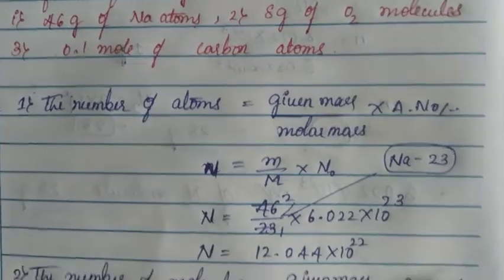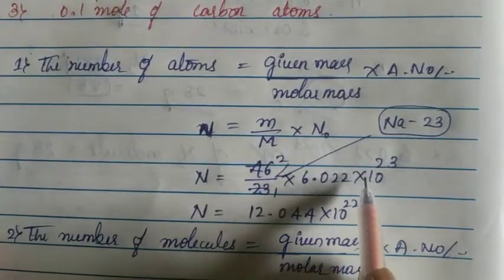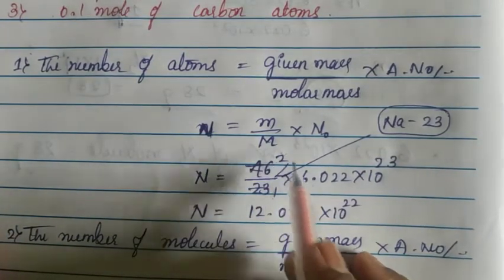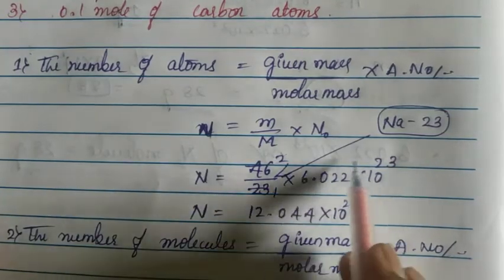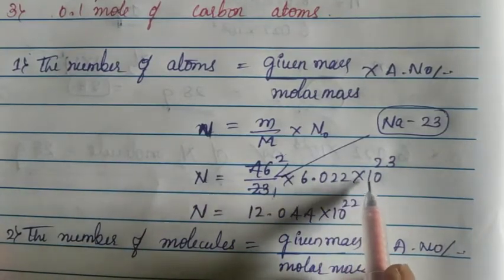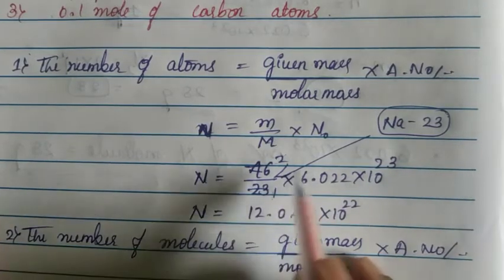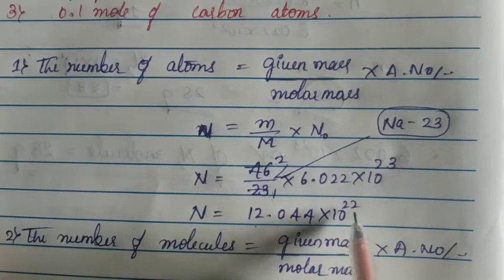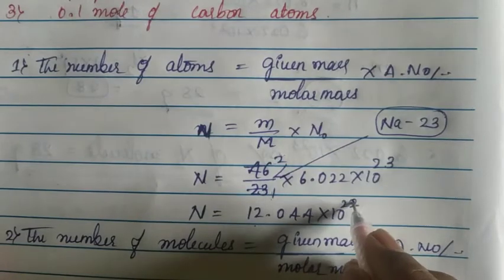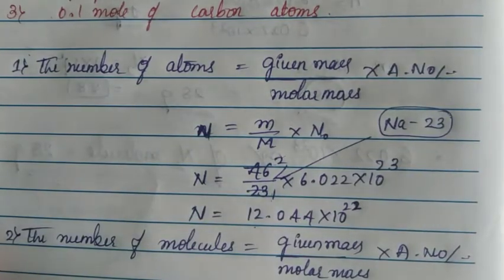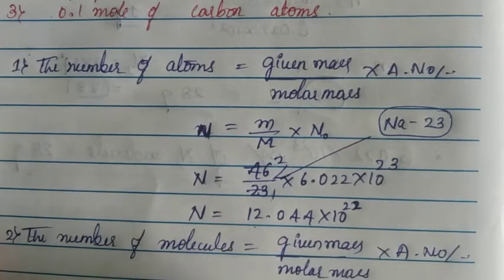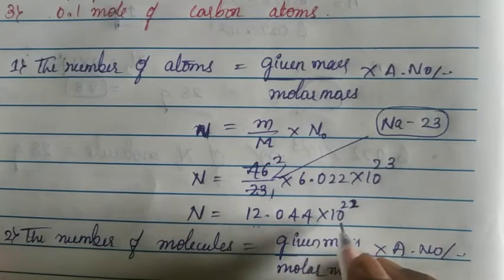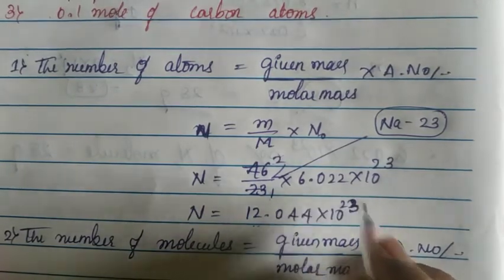And the Avogadro number is 6.022 into 10 to the power of 23. 46 by 23 is 2. 2 into 6.022 into 10 to the power of 23, both are multiplied together, we get 12.044 into 10 to the power of 23.